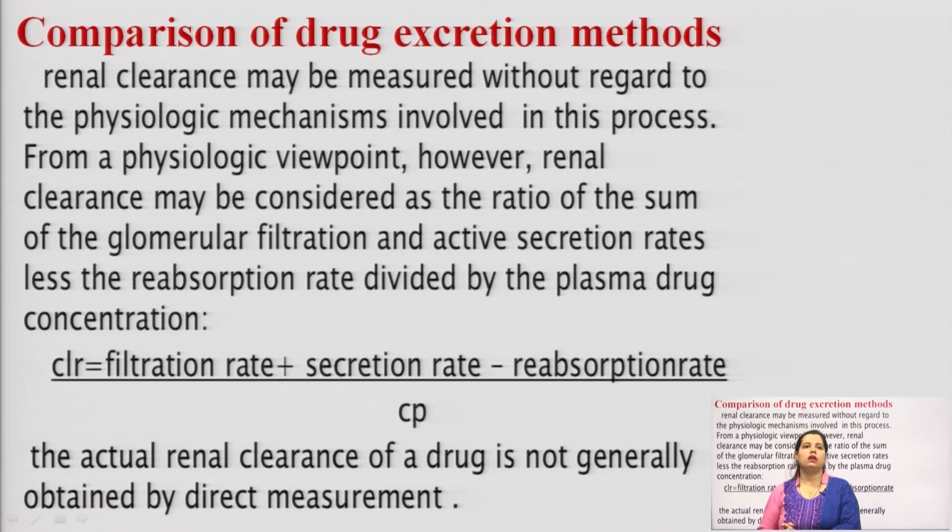However, renal clearance may be considered as the ratio of the sum of glomerular filtration and active secretion rates, less the reabsorption rate, divided by plasma drug concentration.